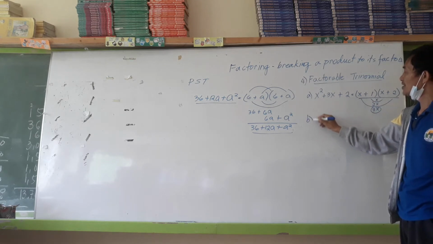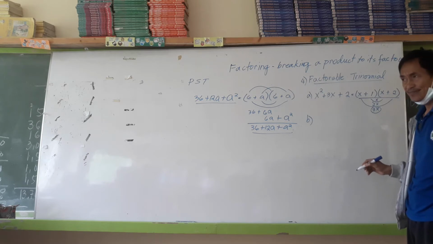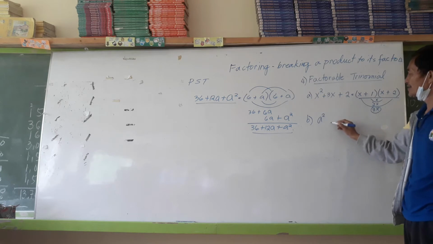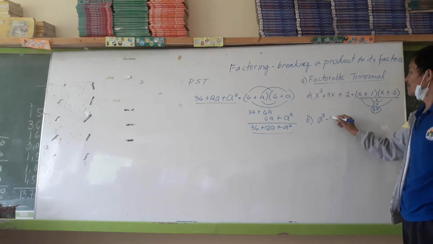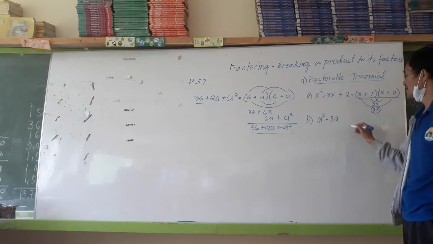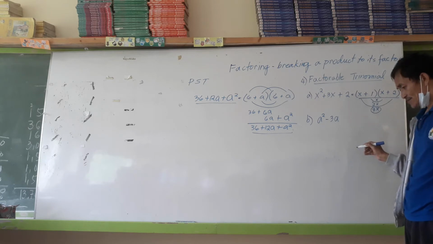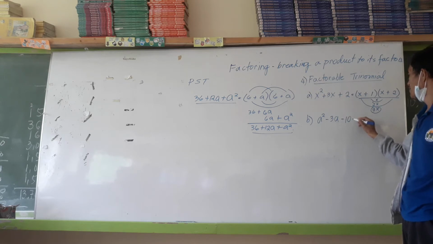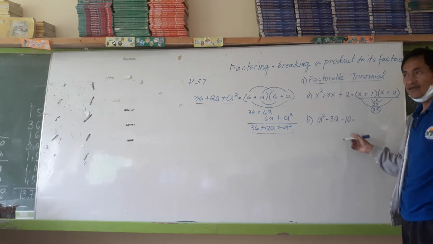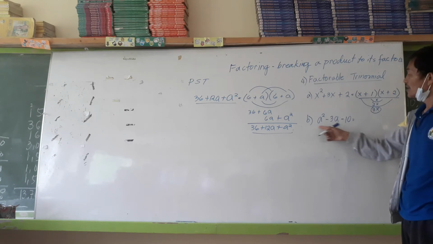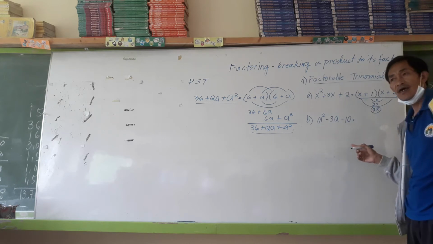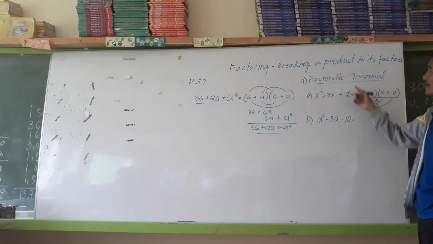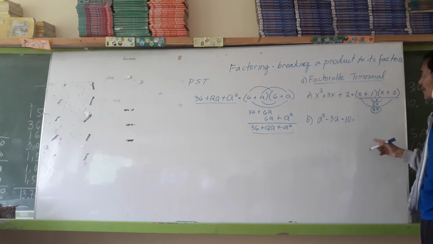I'll give you another example. Say a squared minus 3a minus 10. Okay, 10 here is not a perfect square, so I'm sure that this could be classified as factorable trinomial.